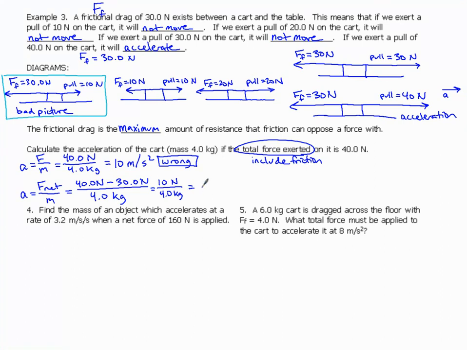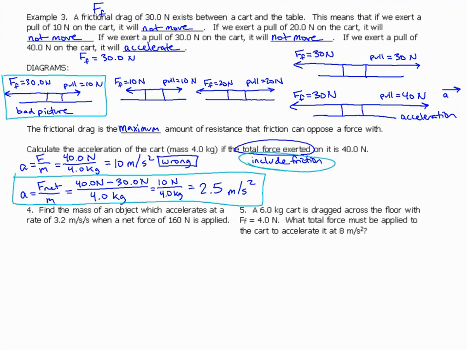And so the actual acceleration here is 2.5 meters per second squared, because we had to account for the friction. So it's this one. Include the friction.